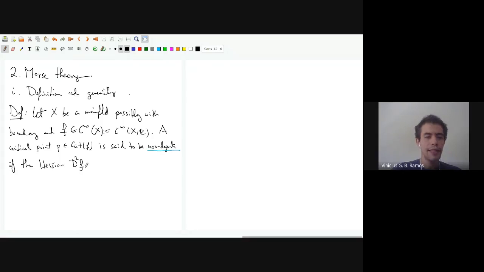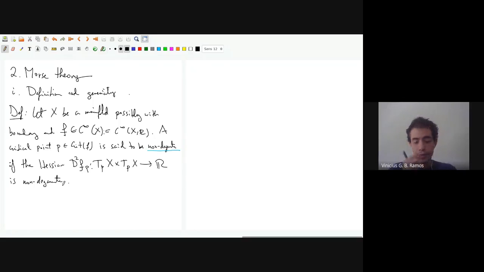Remember, the Hessian is a symmetric bilinear form that goes from the tangent space of X times the tangent space of X to R. So if the Hessian is non-degenerate. So I think I explained what the Hessian was.